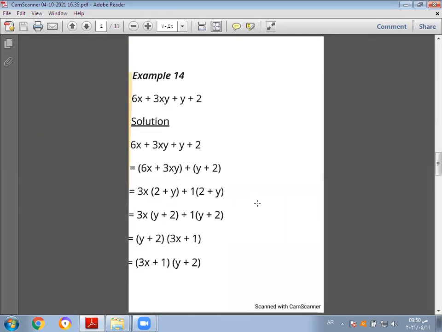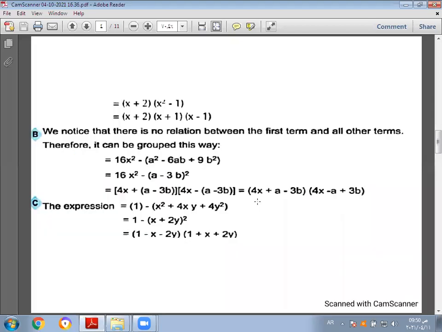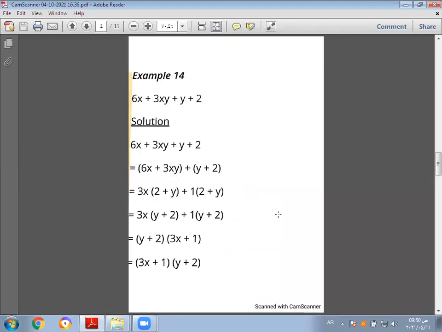Okay. Now we take the next. Another example: 6x + 3xy + y + 2.